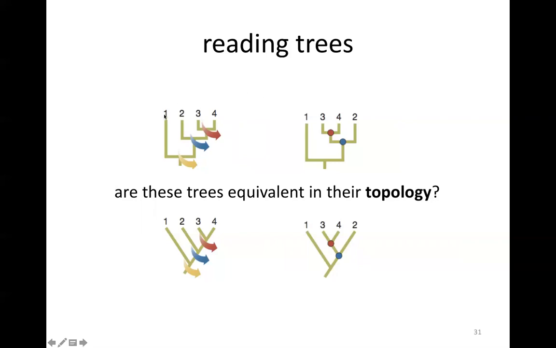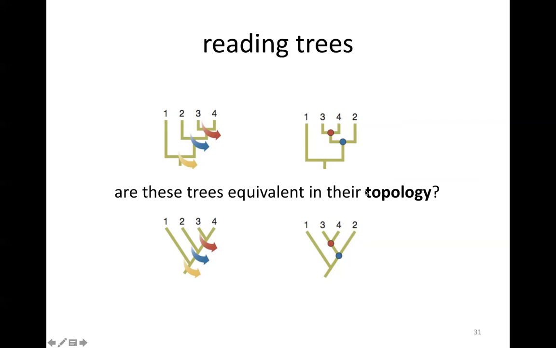Now let's look at these trees. We already mentioned there are different ways that trees can be represented, and we should be able to understand exactly how the topology is represented. So a tree which looks like this and a tree which looks like this, are they telling us the same story?